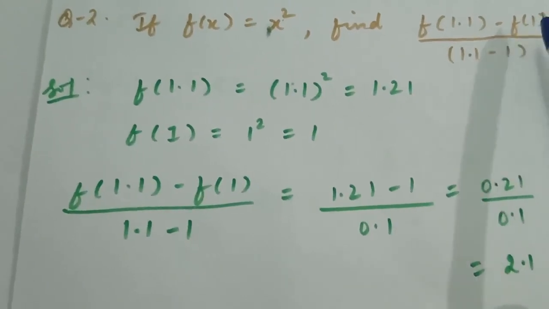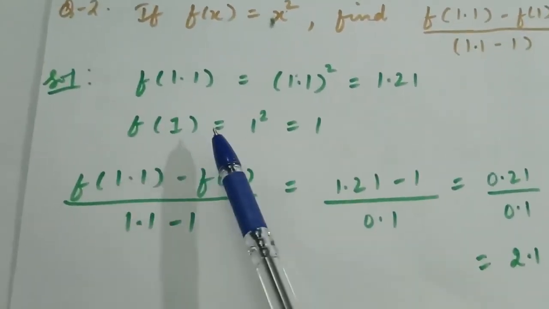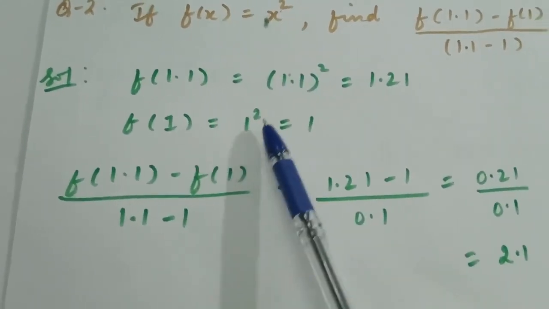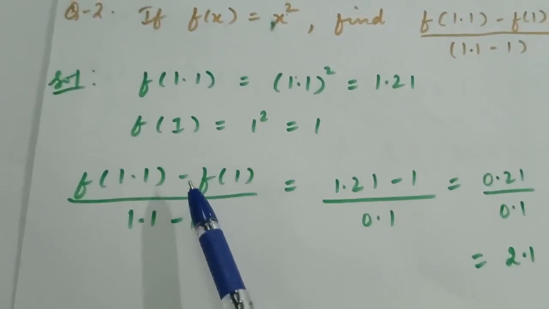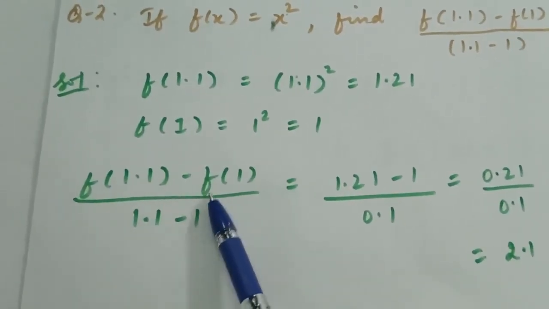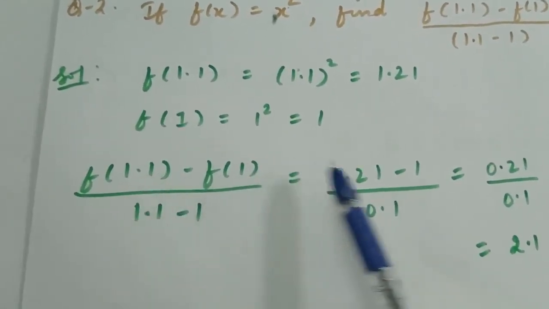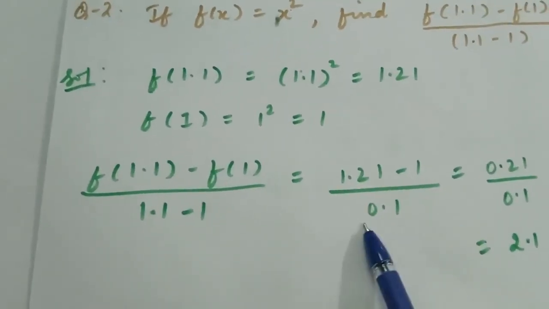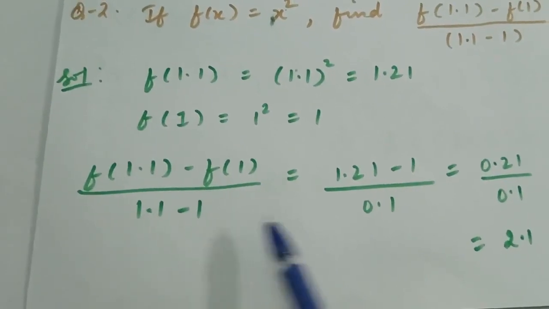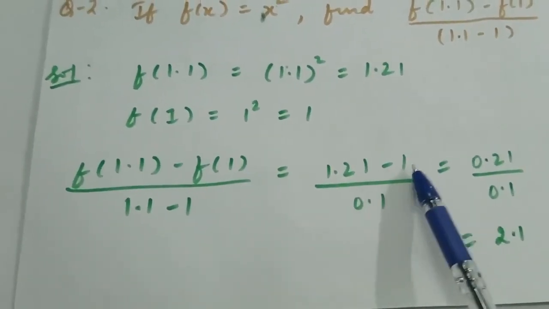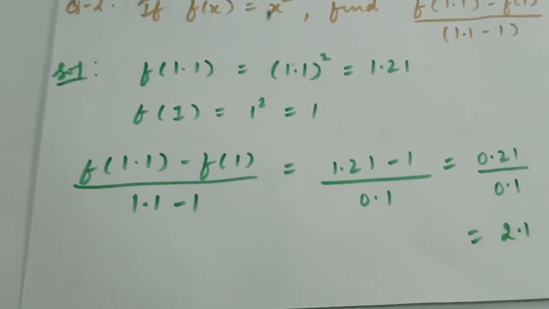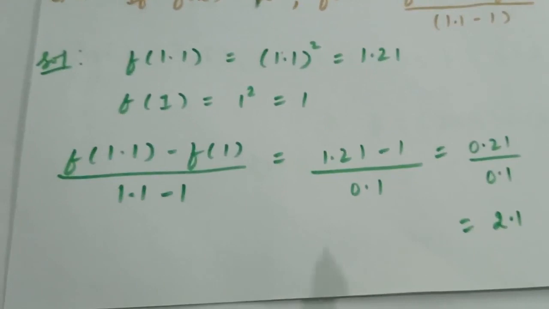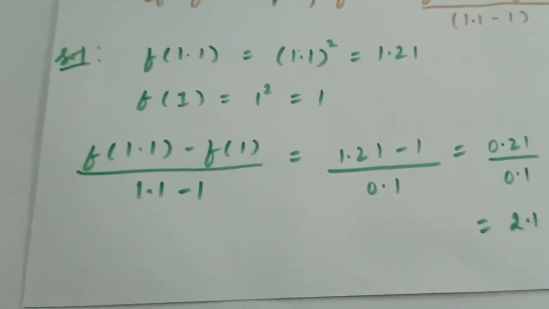Similarly, we want the value of f(1). So f(1) will be 1 square. In place of x, just put 1. 1 square is 1. Now we wanted to find the value of this. In place of f(1.1), write down its value. In place of f(1), write down 1. Upon 1.1 minus 1 will be 0.1. This is equal to 0.21 upon 0.1 and when you solve it, you will get 2.1. Clear?